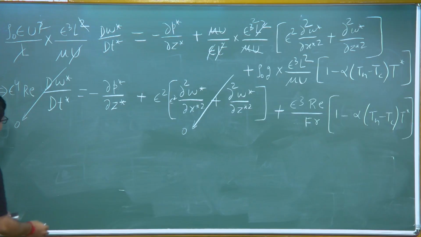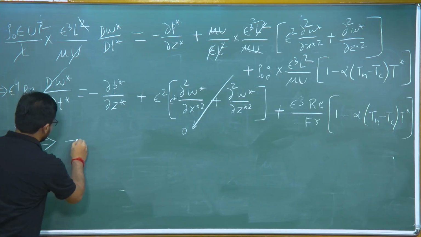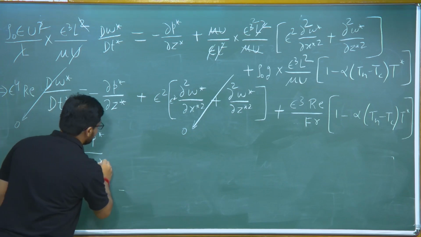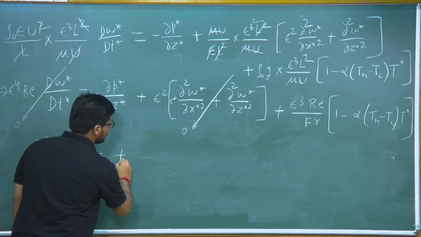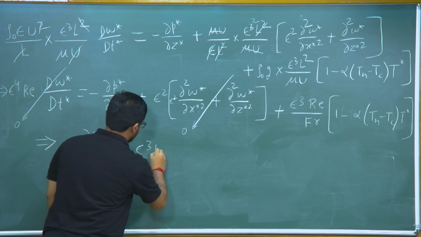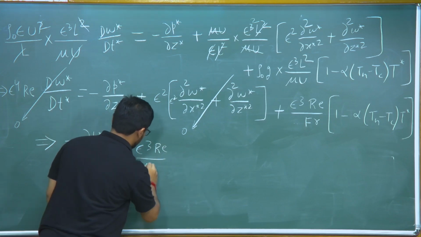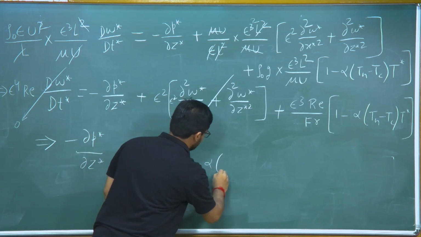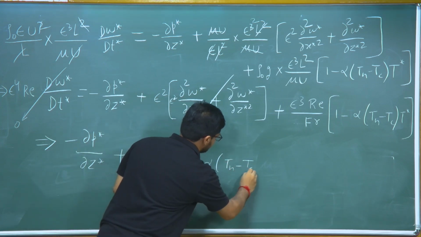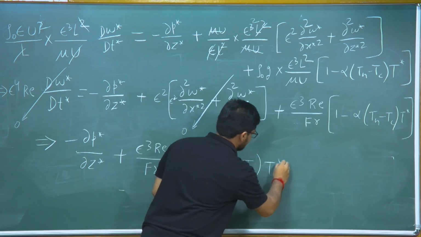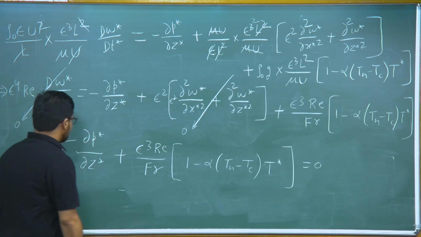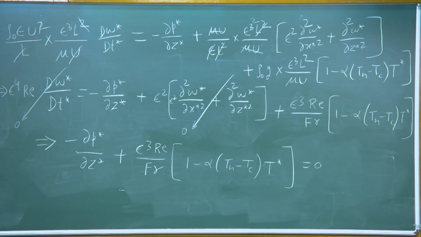So, from here we will finally get minus dou p star upon dou z star plus epsilon cube Re upon Froude number into 1 minus alpha (T h minus T c) times T star is equal to 0. So, this is our z momentum equation.